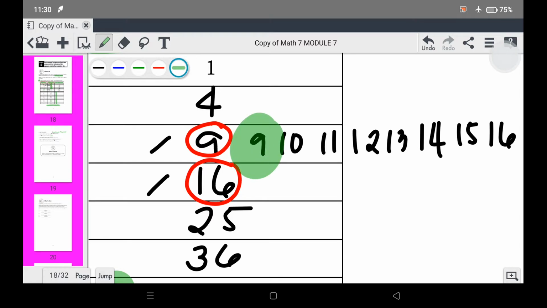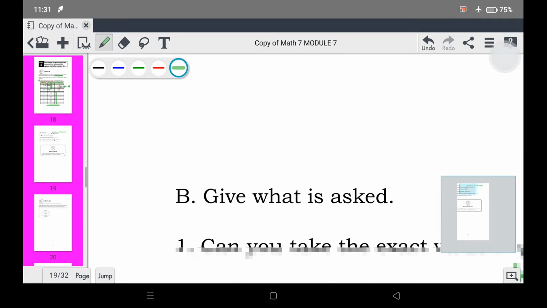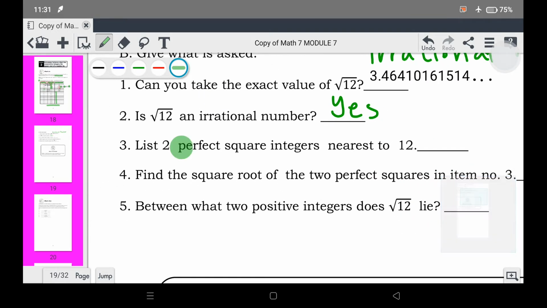So we have two perfect squares. One is 9, then the other is 16. Let's put a comma so that we know the separations. Our given is 12. We are asked to list two perfect square integers nearest to 12.